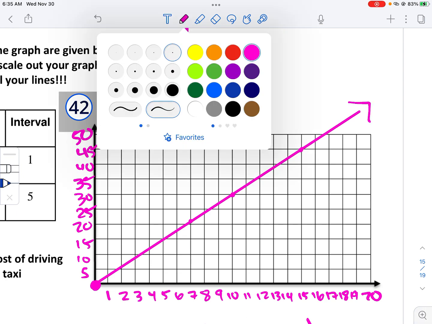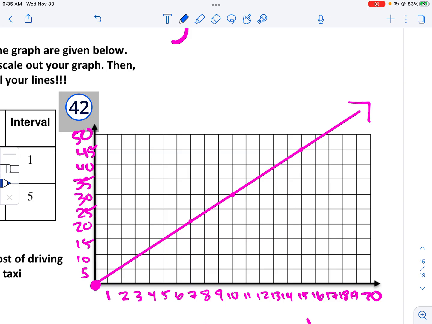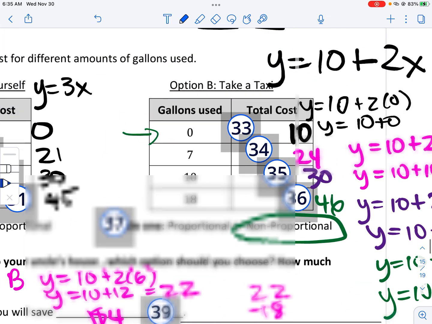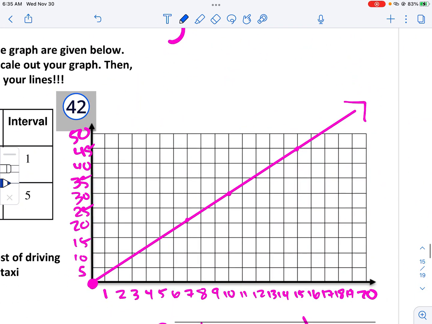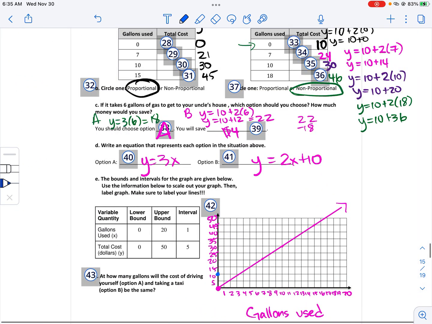Then we use a different line. And this one goes through 0, 10. So we're starting here. And we're going 7, 24, so about there. And then we're doing 10, 30.